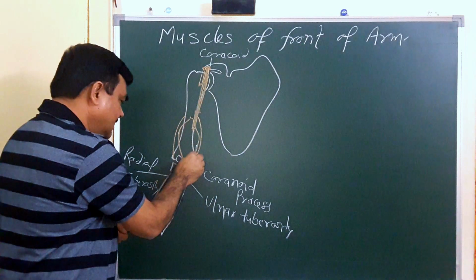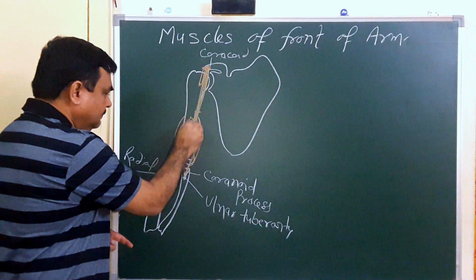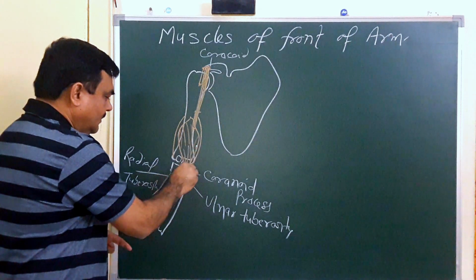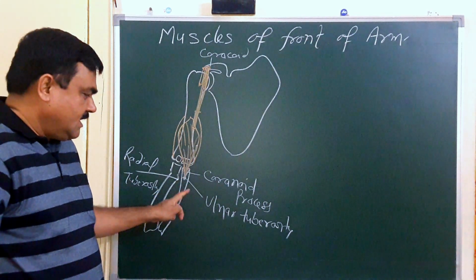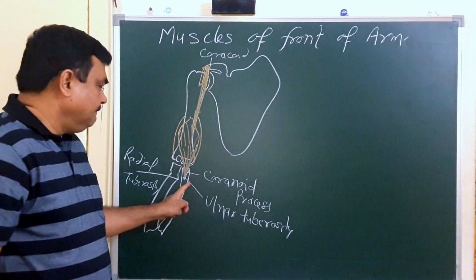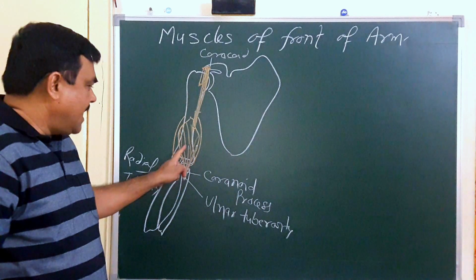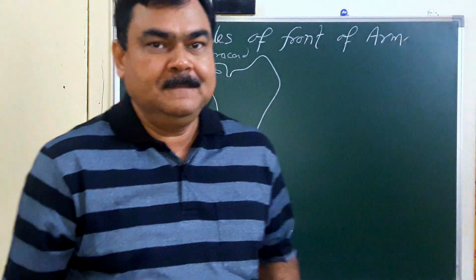This is the brachialis muscle, and it is inserted on the coronoid process and ulnar tuberosity of the ulna, and its action is flexion at the elbow joint.